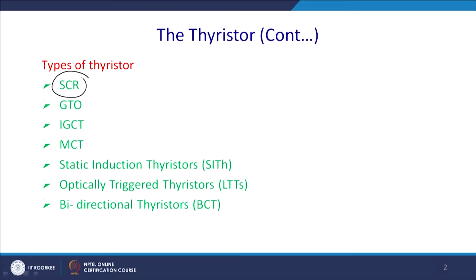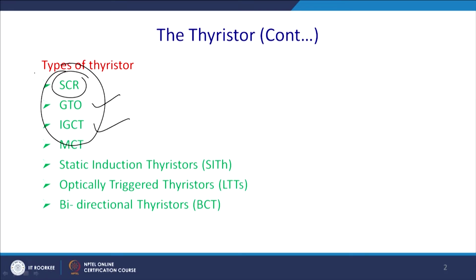Now, we have already discussed thyristors, and we have discussed basically the SCR. Thereafter, we shall briefly discuss other members of this family. So, GTO, IGCT, MCT and others. These are the main three members very frequently used in the thyristor family.